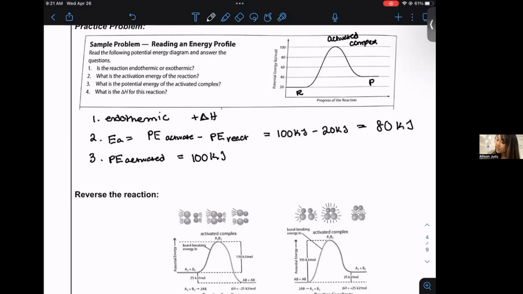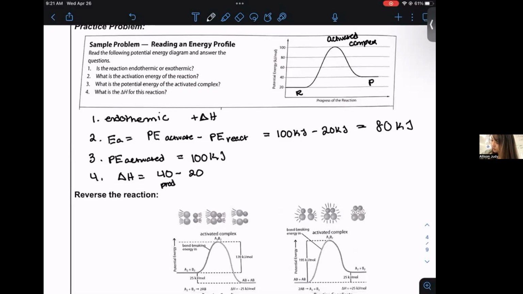Okay. And then what is the overall energy change for this reaction? We said it's endothermic, so we know it's got to be positive. What is it? The overall change is 20, because what you did is you did the products minus the reactants energy to equal positive.